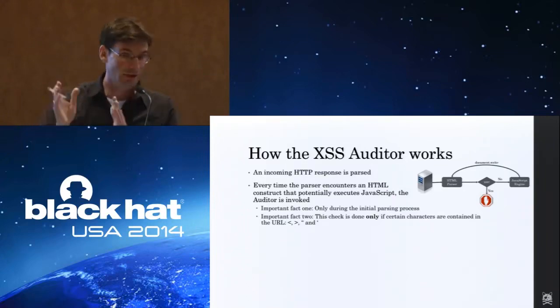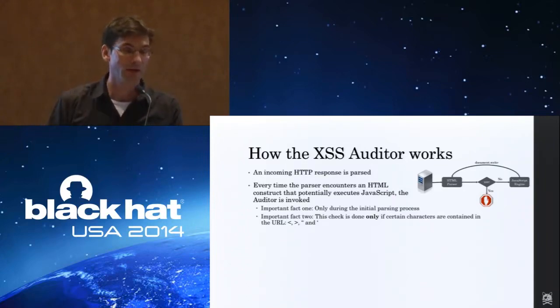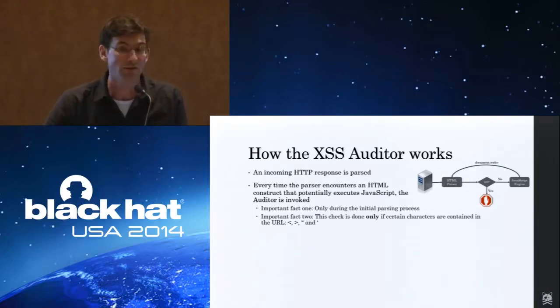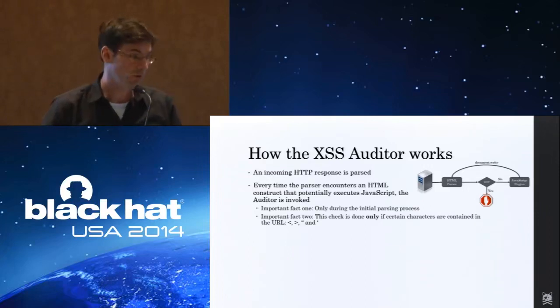These so-called document fragments don't invoke the cross-site scripting filter. The reason for this is performance, because for certain web applications, something like Gmail, you have many assignments to innerHTML. And because all the browsers currently are in this performance war, every single bit of performance is important, and therefore for innerHTML, for example, the XSS auditor is not invoked.